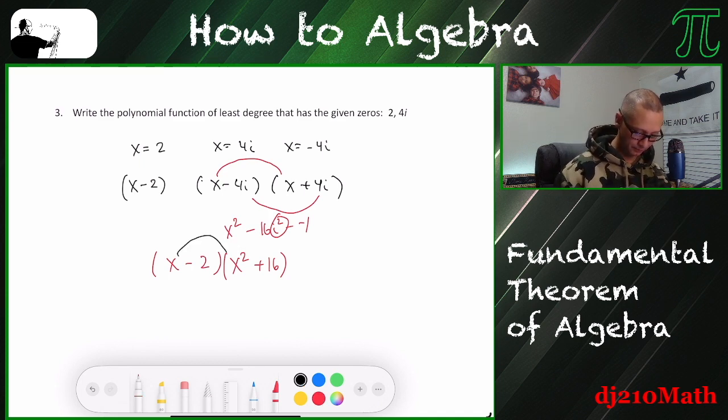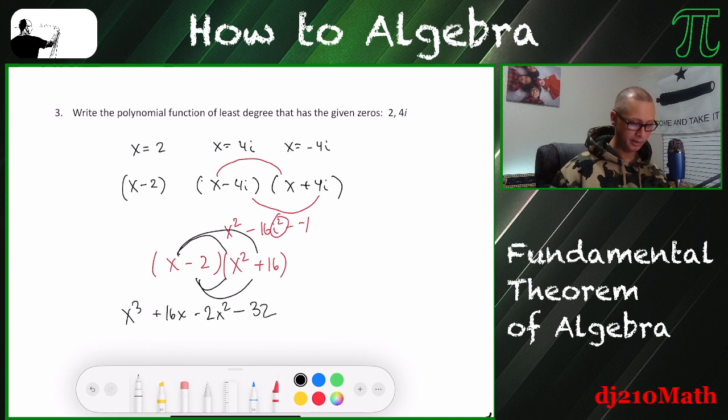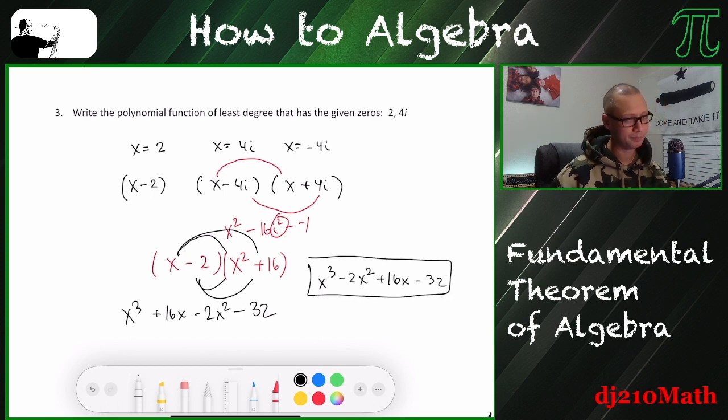This is going to be x cubed plus 16x minus 2x squared minus 32. And you can write it in descending order, or this is fine. But technically it's x cubed minus 2x squared plus 16x minus 32, if you want to write it in descending order.